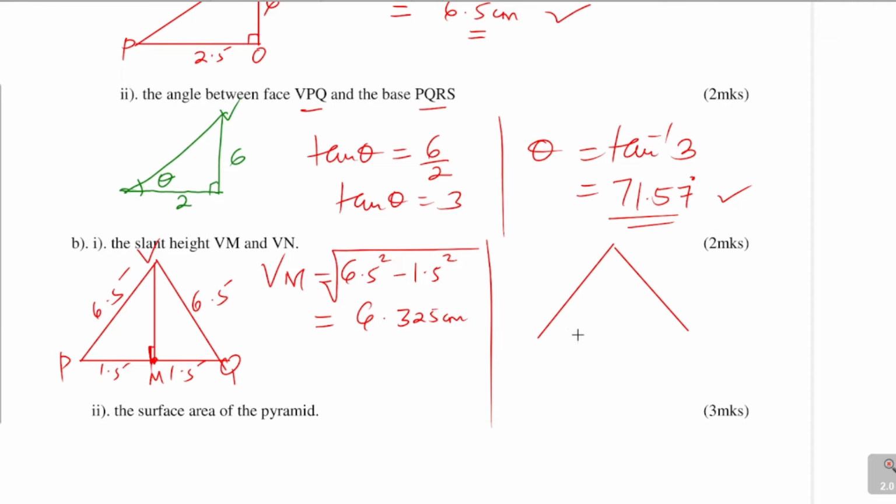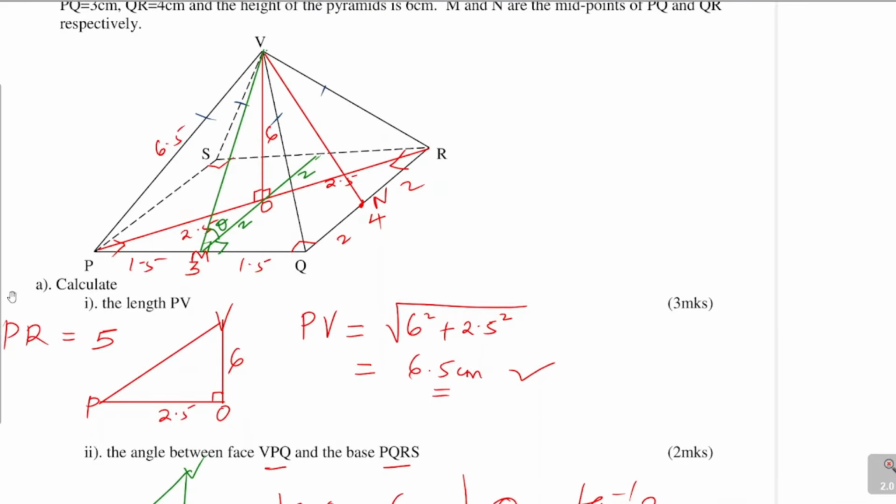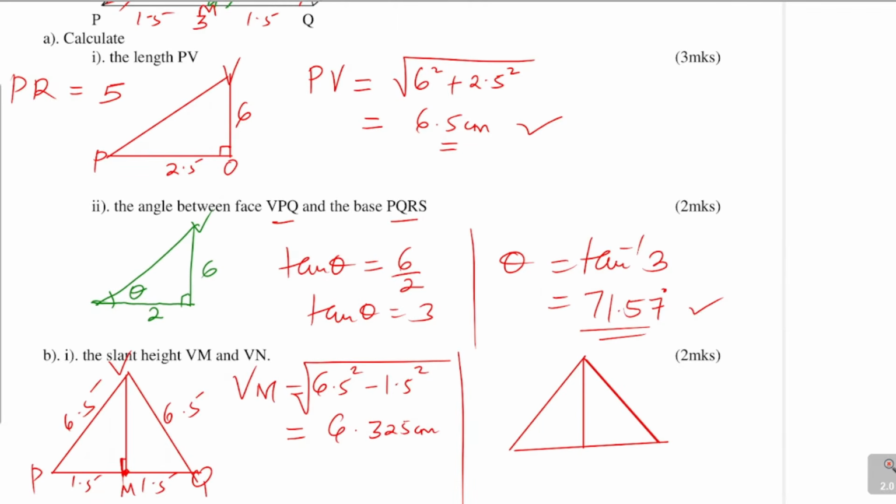So the other one, again, we have to do the same. We have to extract it as well. So from the other end, now we are using VQR. Remember, the slant heights are equal. They are all 6.5. VQR, N is here, and this is 2, this is 2, this is 6.5, as you can see.